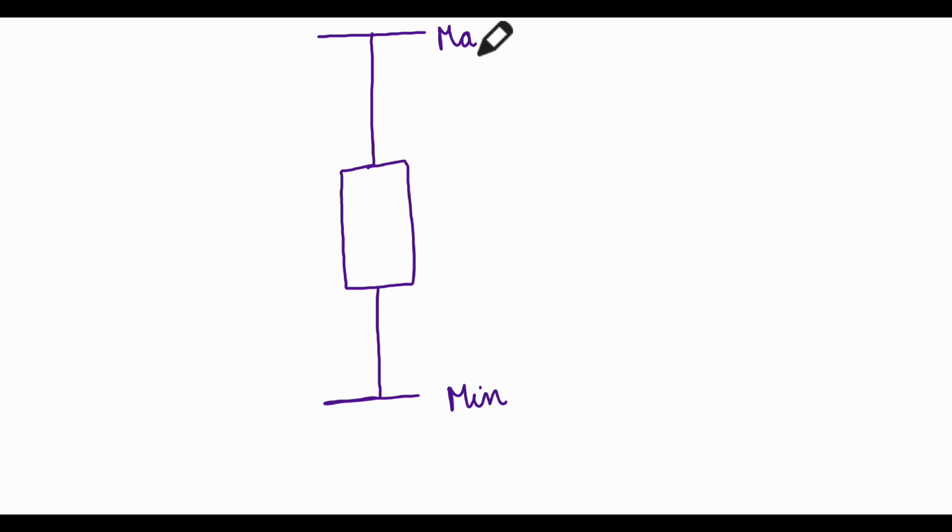Now this is your normal scenario. This is your minimum value, this is your maximum value. Ideally this should be the minimum and maximum, I'm not saying that this is the actual minimum or maximum. Then Q1, Q3, and here is Q2.